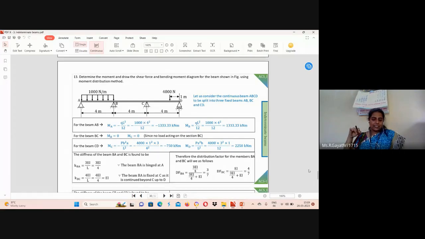Tell me the equation in terms of two unknowns, MB and MC. Substitute LAB value, LBC value, AAB, XA bar. Tell me the first equation from span ABC.